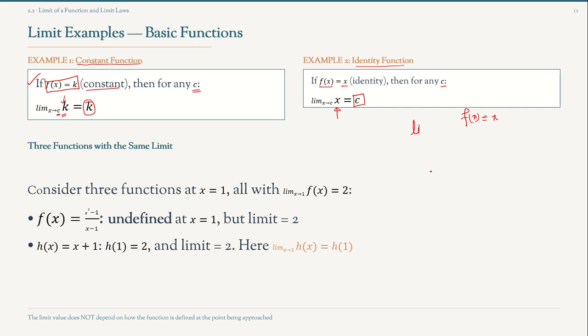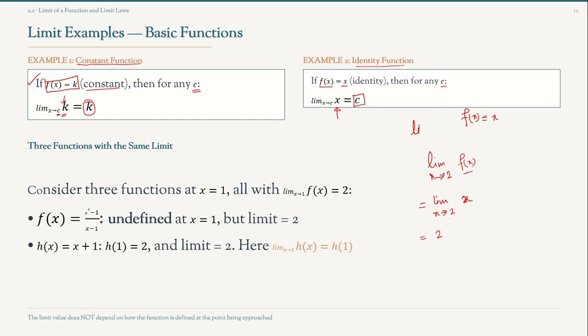Now for this type of limit, if x tends to 2 and f of x equals x, then what will happen here? Replace x by 2, so that will be 2.